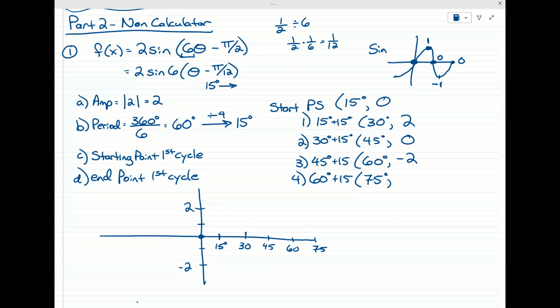So the phase shift is at 15 degrees at 0. Then 30 is 2, 45 is 0, 60 is -2, and then at 75, it's back to 0. So the graph would look something like this, because remember, it got shifted 15 degrees to the right. And that's how you would graph this.